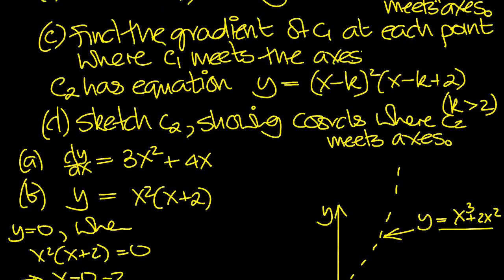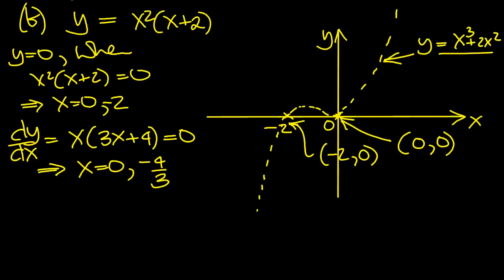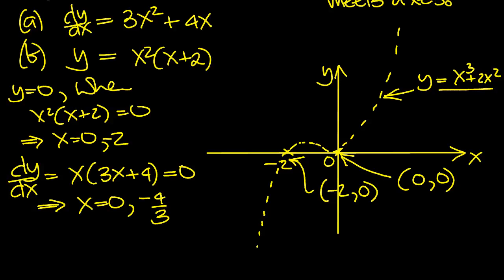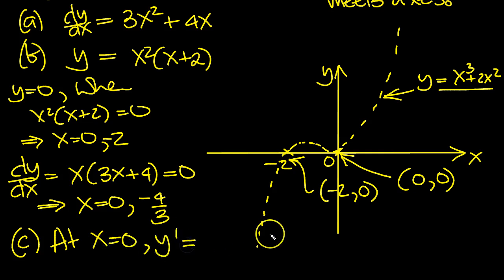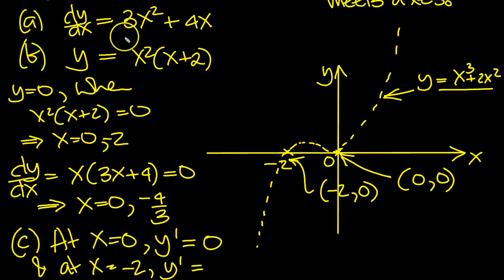Find the gradient of C1 at each point where C1 meets the axes. So we need dy/dx, where C1 meets the axes. This is part C. At x equals 0, dy/dx is 0. And at x equals minus 2, put minus 2 in here for dy/dx.